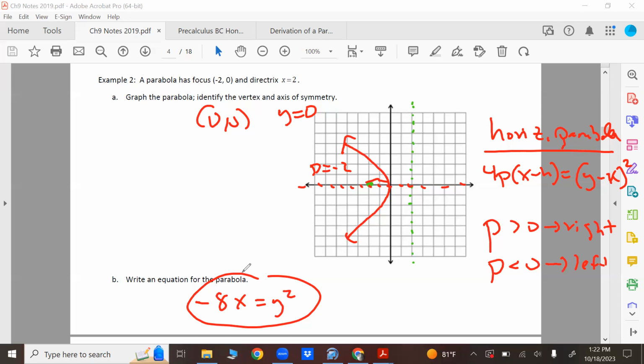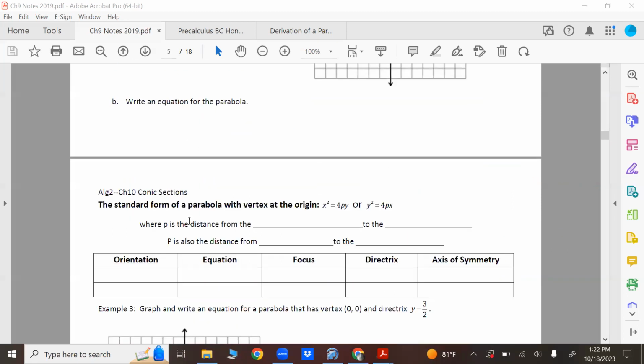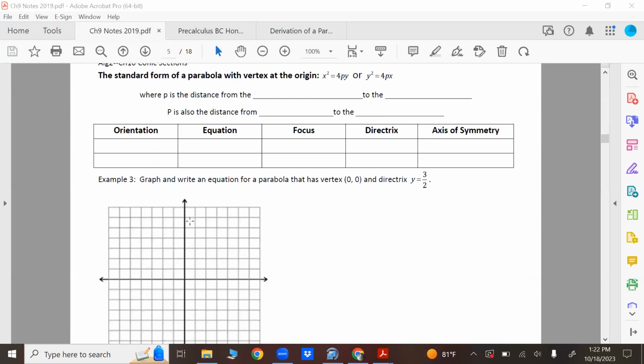So let me summarize on the next page and have you guys try examples 3 and 4. Orientation. This is all just things I've already said, but I'm going to say it again. Vertical, horizontal.